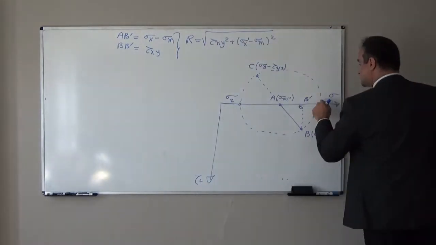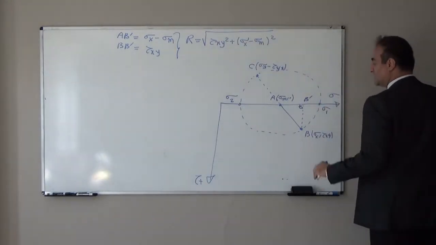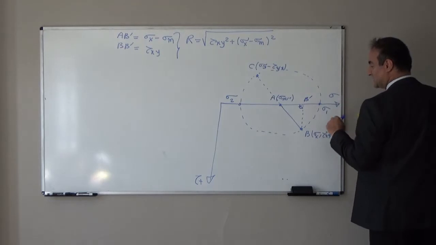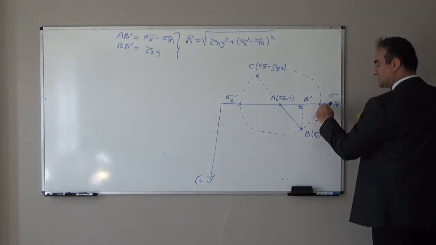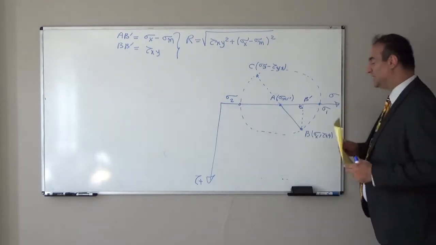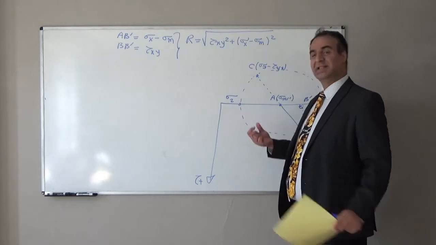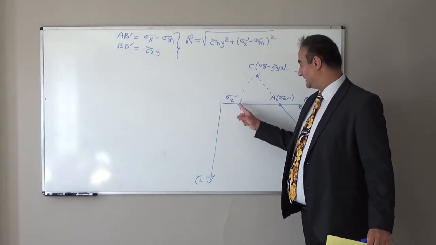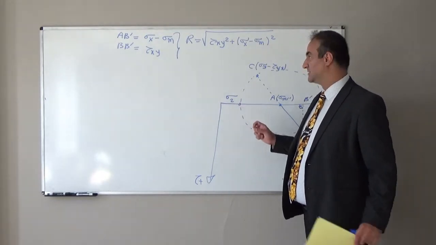Sigma 1 is the maximum normal stress, and at this point the shear stress is 0, because the coordinate for shear stress is 0. Sigma 2 is the minimum normal stress, and here again the shear stress is 0.